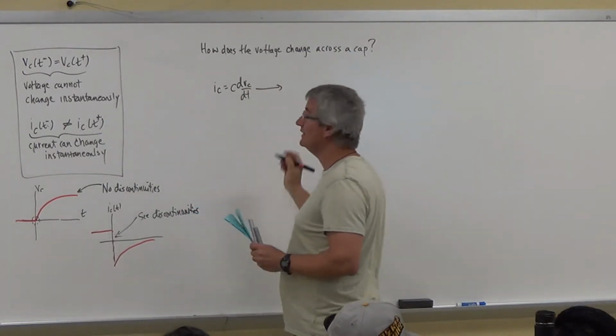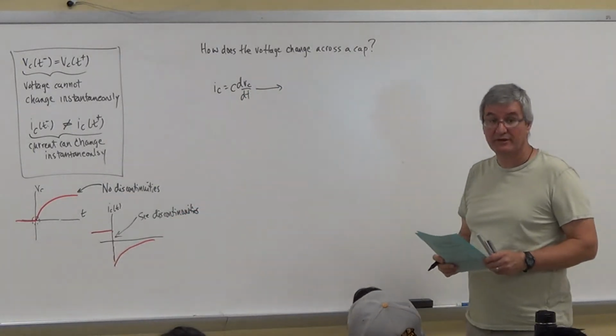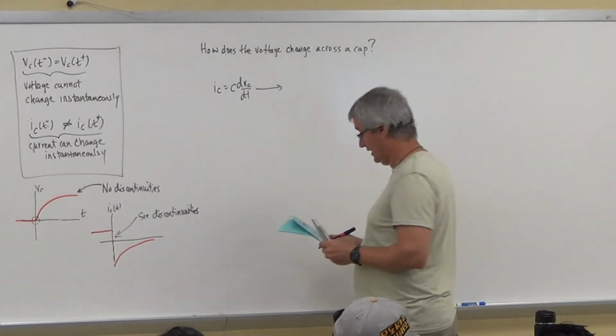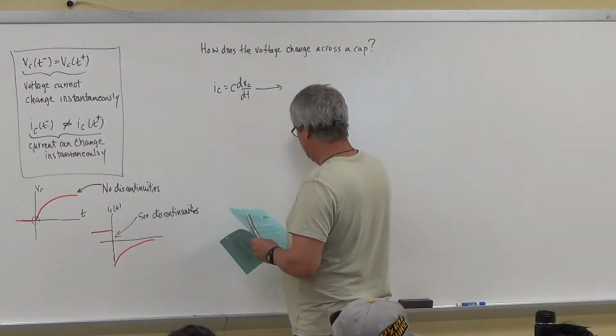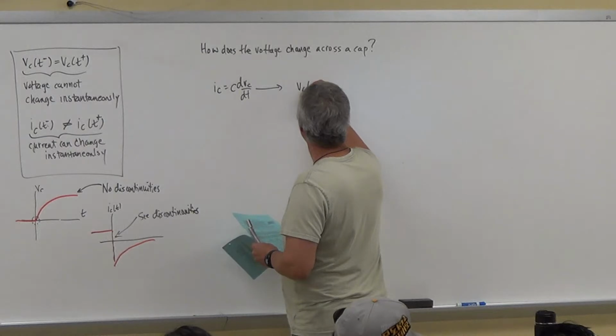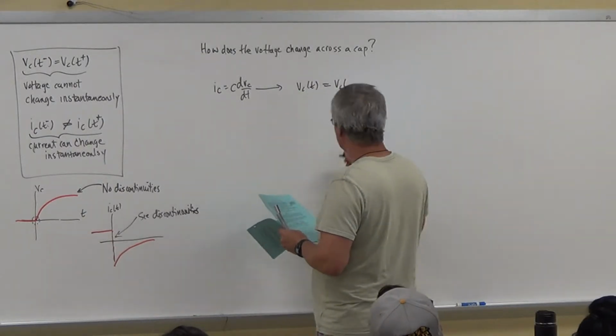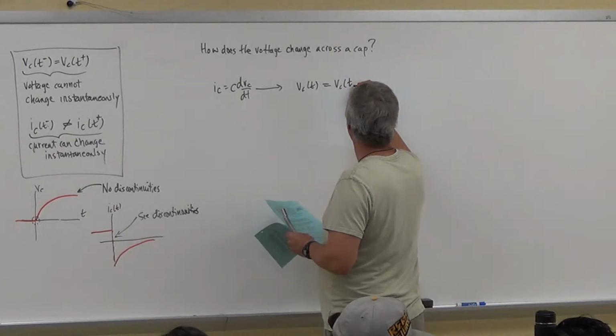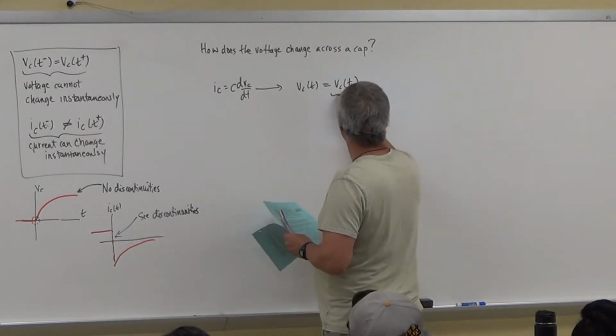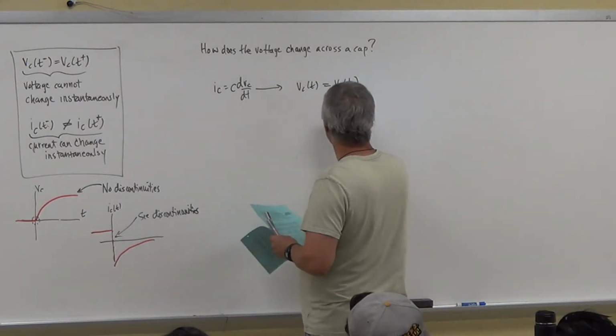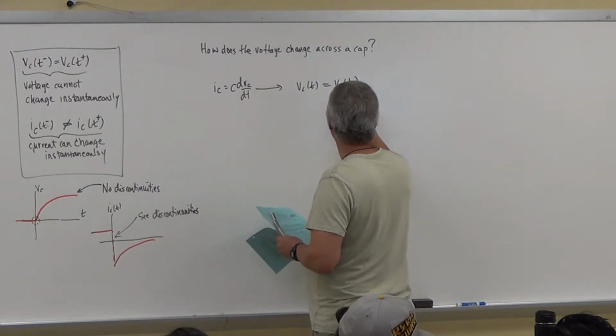which means that that's just a first order equation. We can integrate that, and if we integrate this, you can see here that I could write this as v_C(t). And then I'm assuming that before the switch is thrown, I'll put a 0 here. This tells me what the initial voltage was.